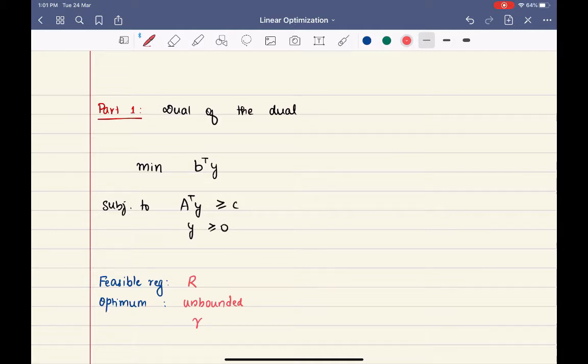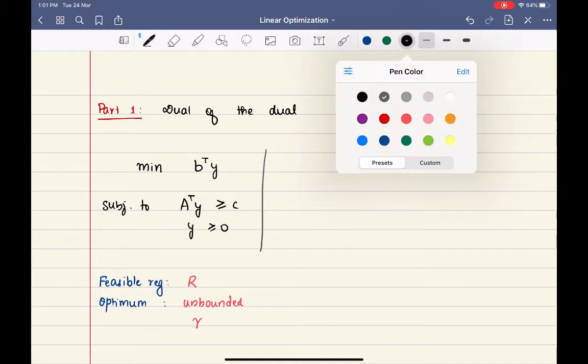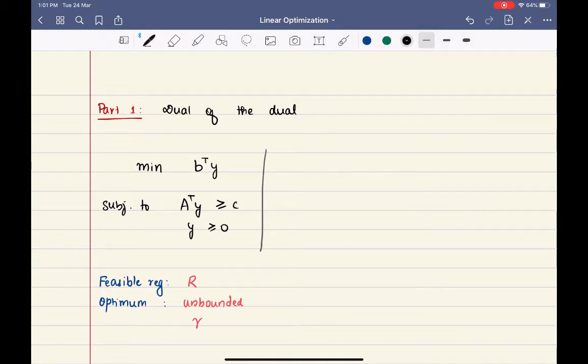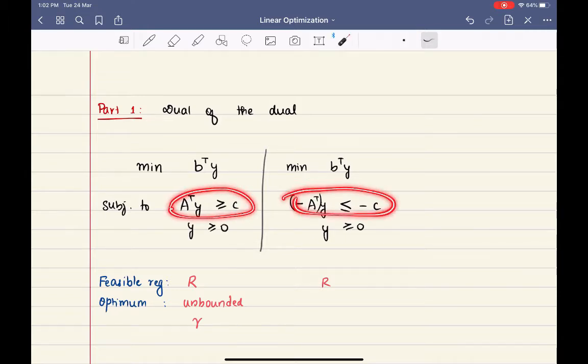Now let's make a transformation. Suppose I rewrite the constraints as minus A transpose Y less than or equal to minus C, Y bigger than or equal to 0, and I am not changing the objective. So now what happens? Well, the feasible region remains the same. The set of all y's that satisfies these constraints is the same.